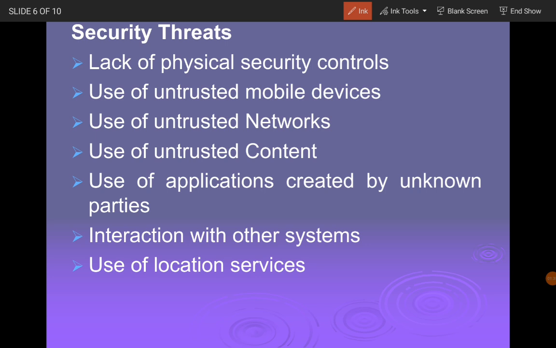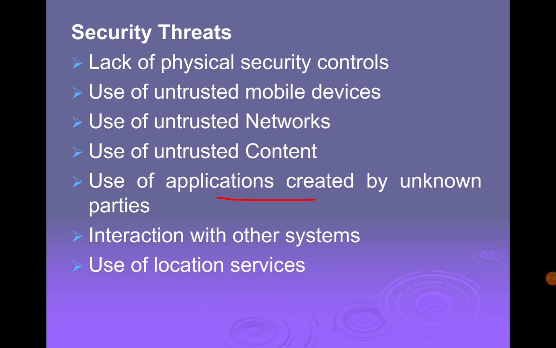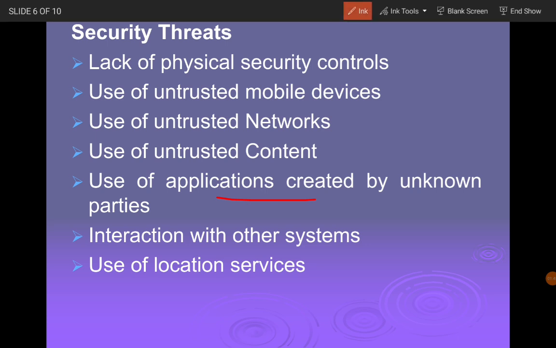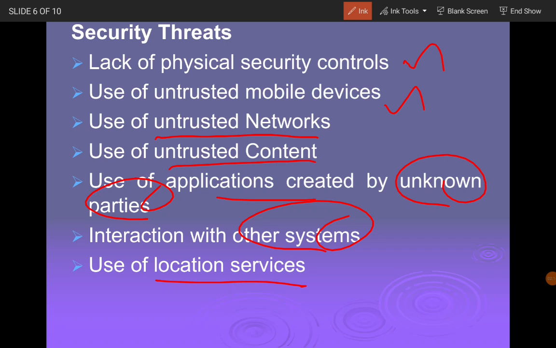may happen. Because of the growing usage of smartphones or mobile devices, the security threats are the lack of physical security controls, the use of untrusted mobile devices, the use of untrusted networks, untrusted content, the use of applications created by unknown parties, the interaction with other systems, and usage of location services.